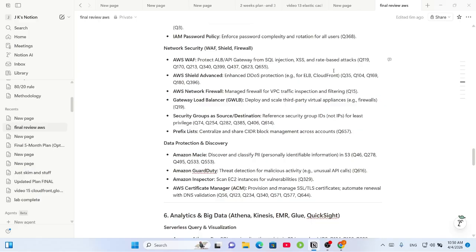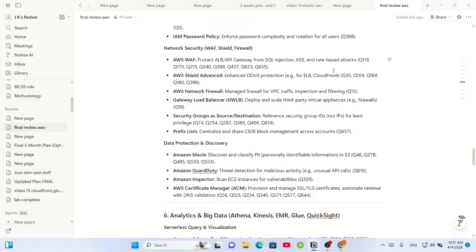Shield Advanced, Shield is just for DDoS protection. AWS Network Firewall is a managed firewall for VPC traffic inspection and filtering.